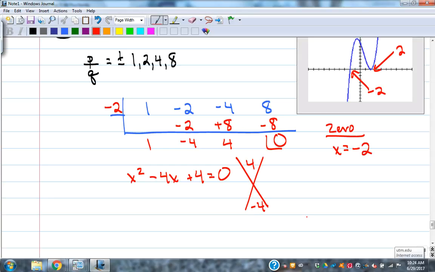I need numbers that multiply to be 4 and add to be -4. Yeah, -2 and -2 does that. So that lets me go x minus 2, x minus 2.